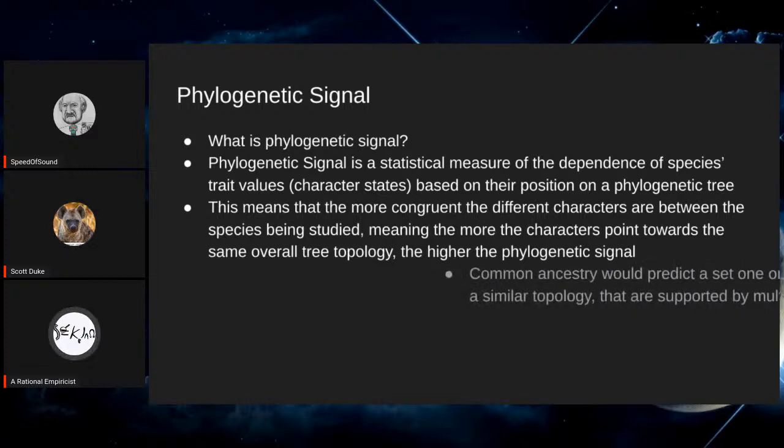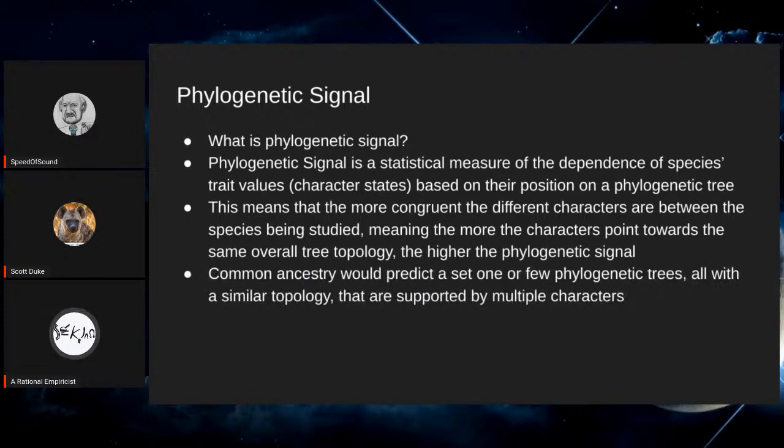All right, so here we go. So common ancestry very obviously would predict a set of one or a few phylogenetic trees. So if all of these species are really related genetically, there should be a very clear, not bias, but a trend in the data, basically.